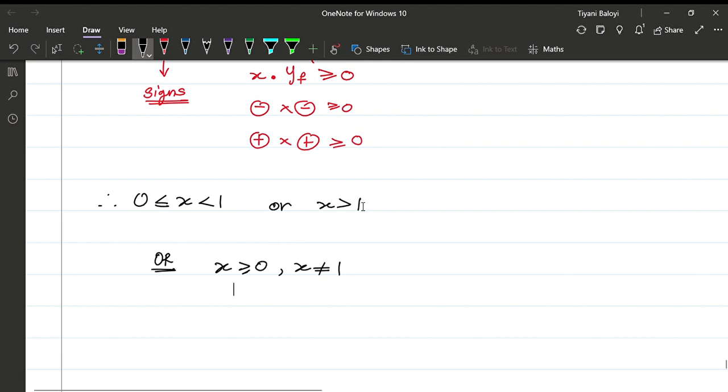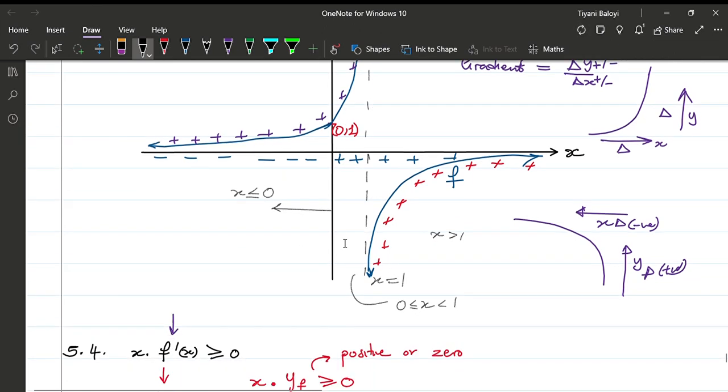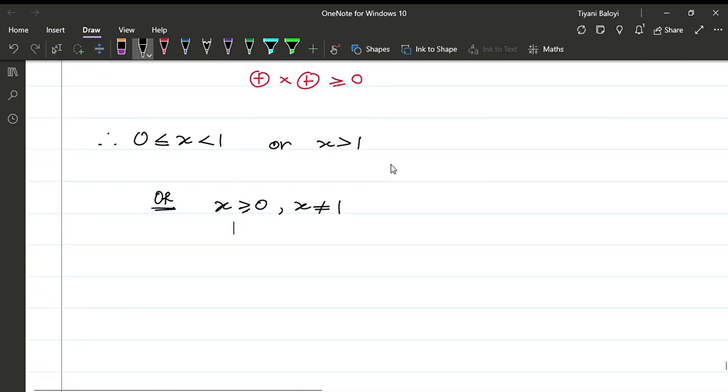Because you have a solution from here to that side, but you have a vertical asymptote here. So your graph is not defined here, so you can't have a solution here. You have to exclude x equal to 1, right? I'll always prefer writing it like that, but you can also write it like this. It depends on preference. As long as you understand what you're writing, you'll be fine.